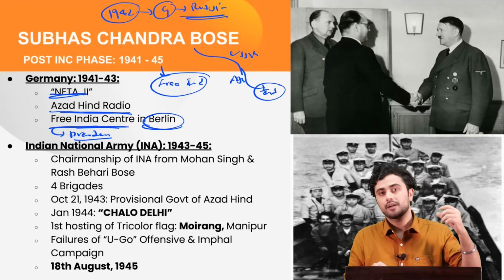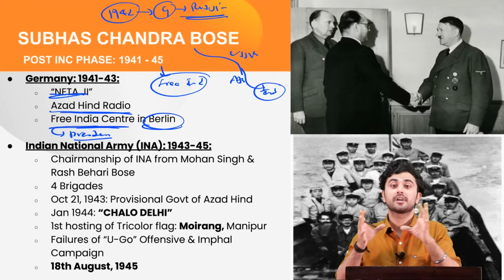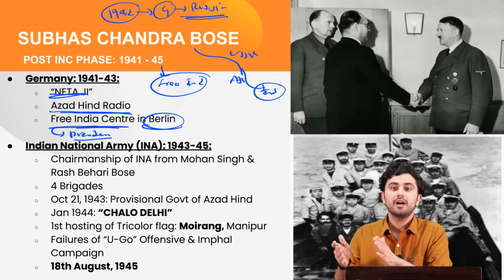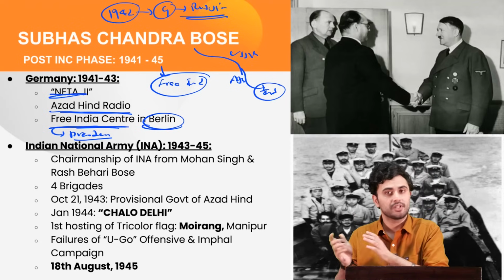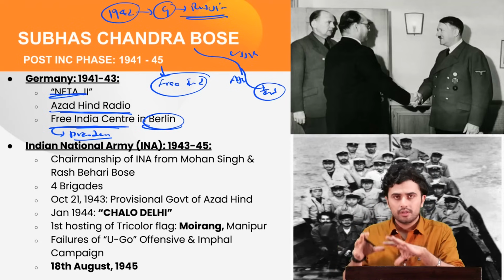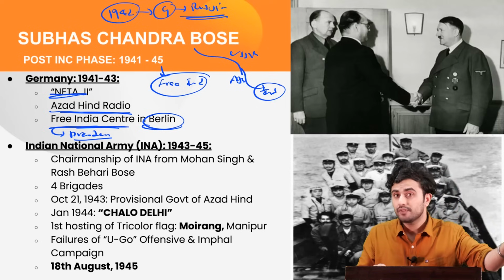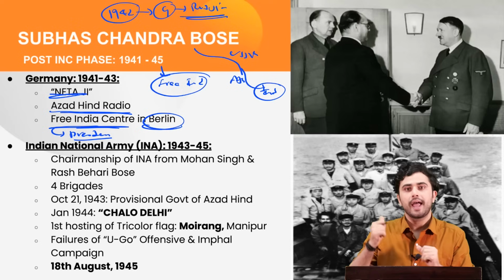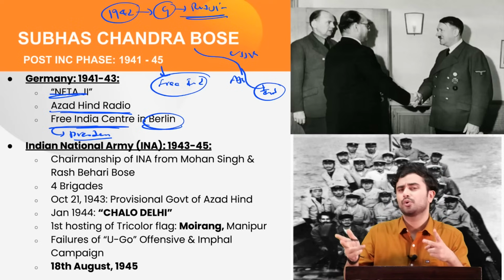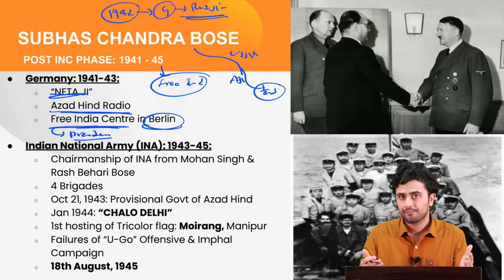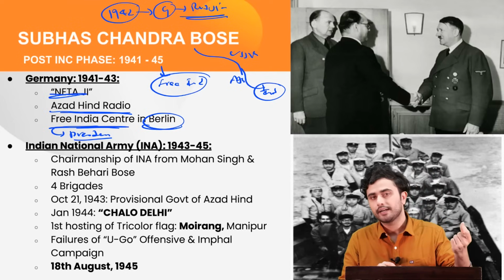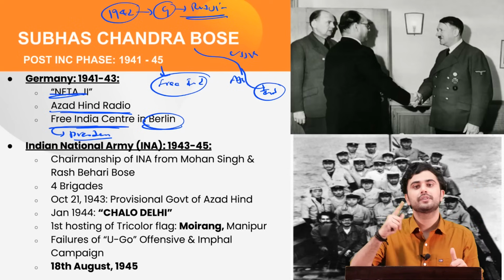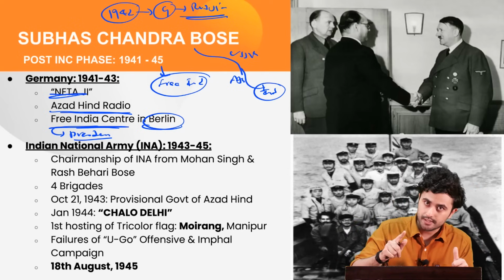Thus, he sailed on a U-boat, a German submarine, and arrived in Indonesia or Malaya, which was then captured by the Japanese. The Japanese were also part of the Axis powers along with Germany, but they were facing a lot of success as they had captured the Philippines, Indonesia, Malaya, etc. Thus, Subhash Chandra Bose decided that if I cannot get freedom from the West, I will get freedom for my country from the East.